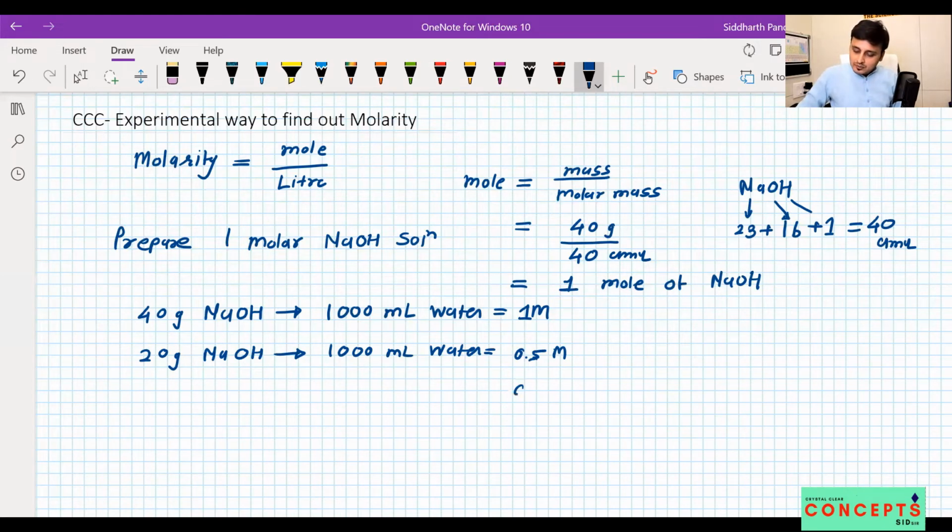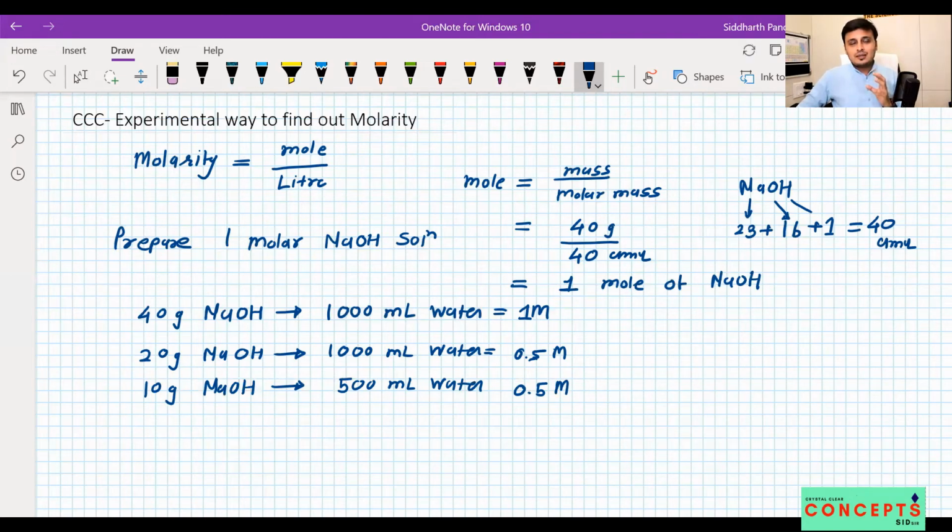So if I keep the concentration constant, I am changing volume to the half volume, and if I go to calculate mass of NaOH, it would become 10 gram. So if I get 10 gram of NaOH, if I take 500 ml of water, it will also produce 0.5 molar solution. So what is the conclusion?